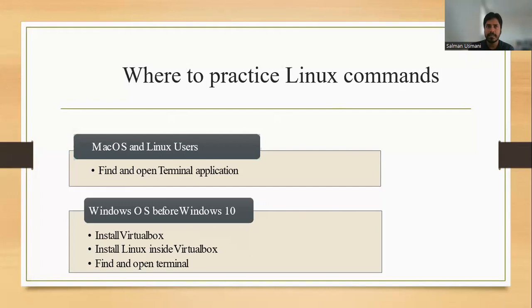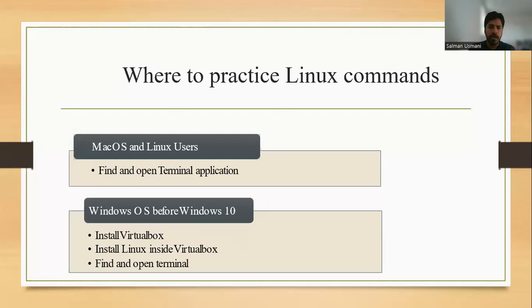It has taken the beauty of Windows, the graphics and other things, and also the command line power of Linux. So it is a hybrid between Windows and Linux. If you have Mac OS, you don't have to install Linux. It already comes with that, so you can practice Linux commands.